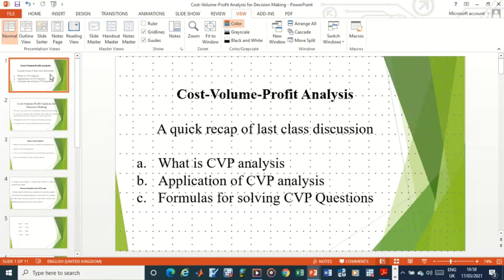Then it is also used to determine optimum production and sales mix. Lastly, I told you that it can be used to determine the effects of capacity utilization on cost.